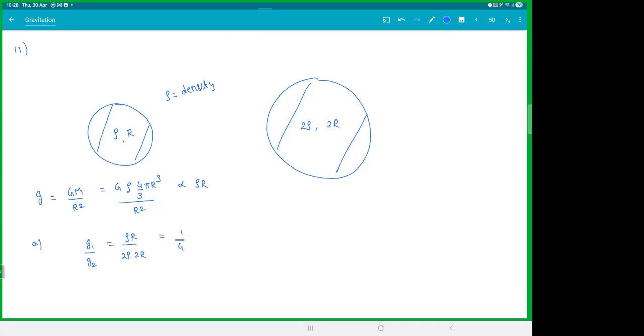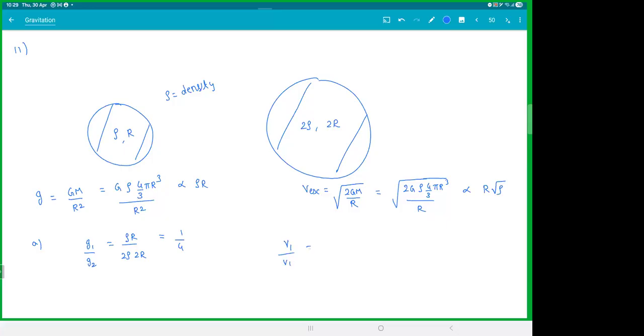Great. The second one, what is v escape? Root over 2GM by R. This is root over 2G times 4 by 3 pi R cube by R. So this is proportional to R into root rho.